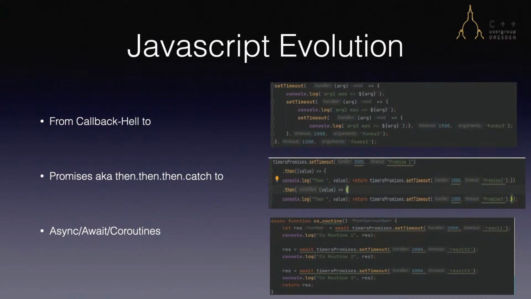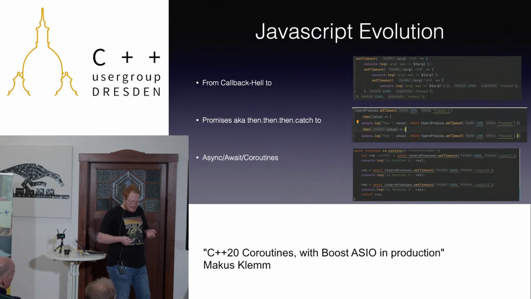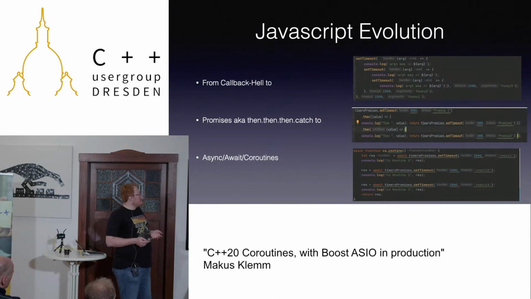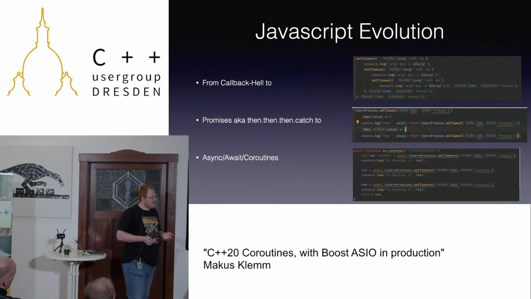And so how do we get this code a little bit more readable and nicer? If you look at the JavaScript world, JavaScript was very early in the productive use of asynchronous code, because it was running in the browser and had to deal with these issues basically since the start of the 2010s. It was coming from the callback hell. It then was using promises.